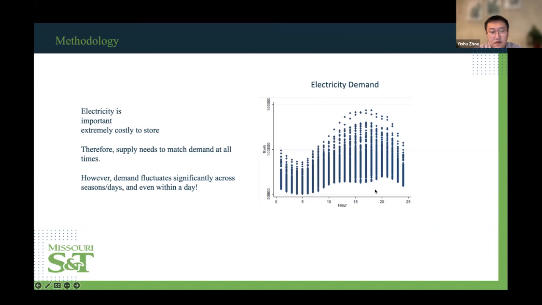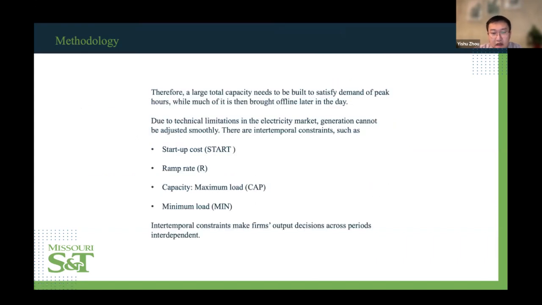That gives us the conclusion that we have to build a lot of power plants to match even the highest possible demand during the peak hours of the peak season. But much of the capacity has to be brought offline during the off-peak hours in the off-peak seasons. So for many power plants, we need to turn them on and off frequently.